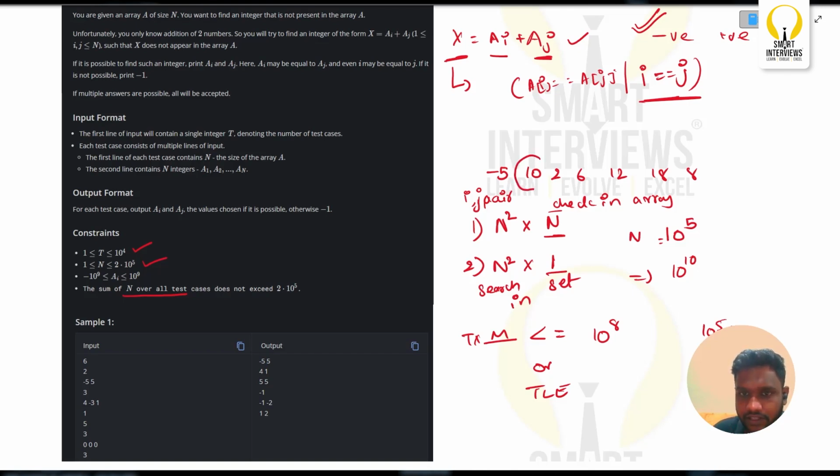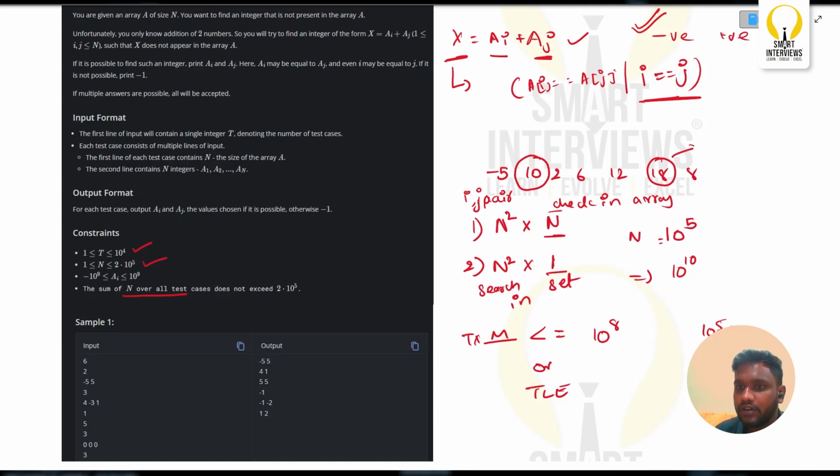That means if I pick the maximum or minimum element and add it twice, we want an element which is not there in the array. The maximum element is 18, so a two element sum can reach 18.